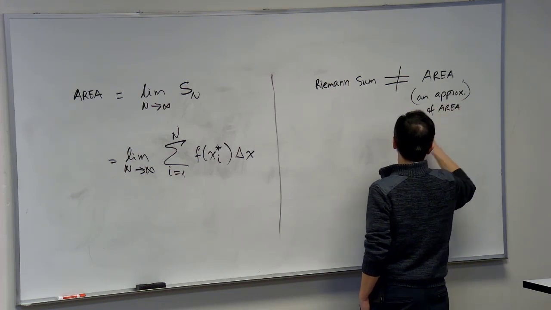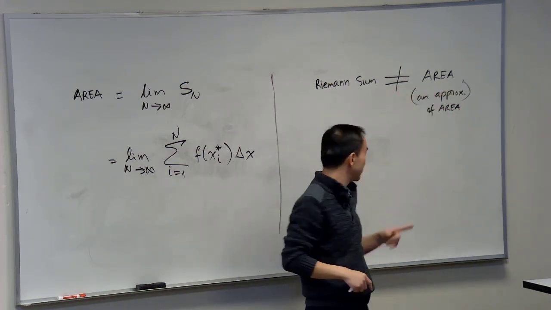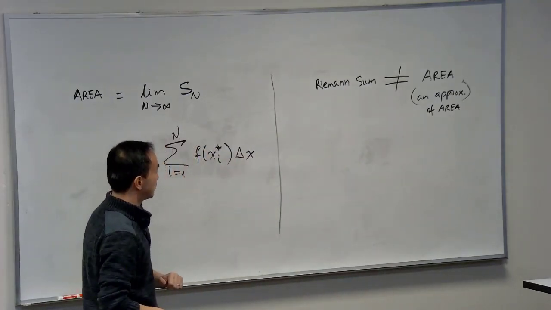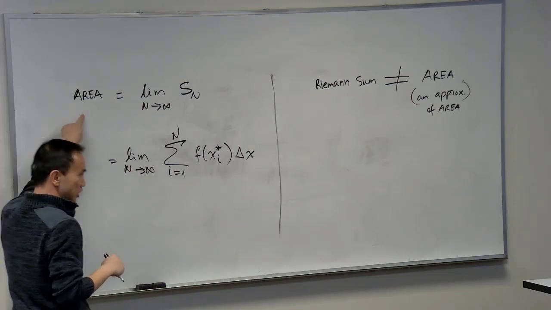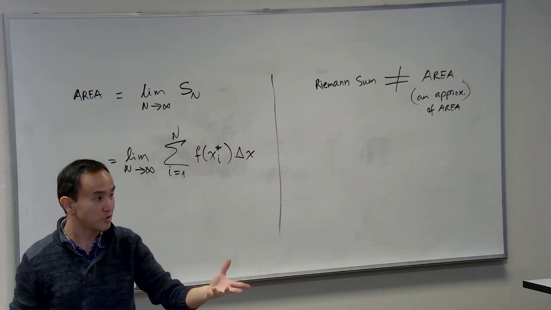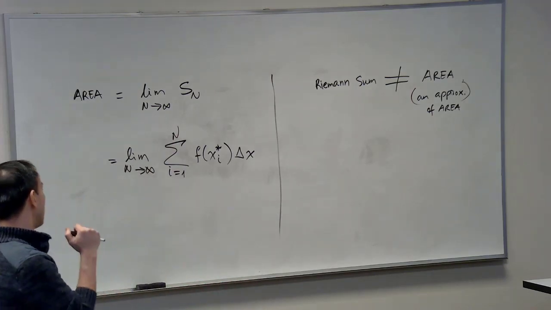Because here we're just applying the Riemann sum to find an approximation of the area. The Riemann sum on its own is just that part of that definition right there. It's not always area. But here, because it's easy to do a calculation on the area problem, we introduce a Riemann sum. But area is only one application among so many applications out there.